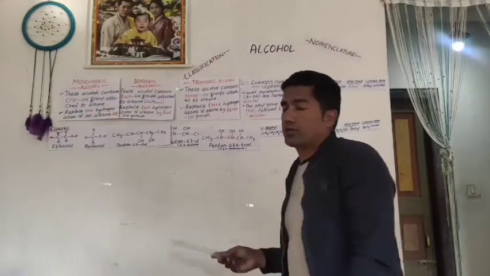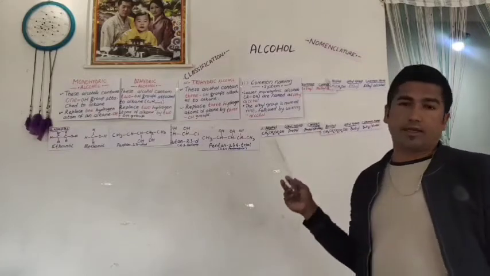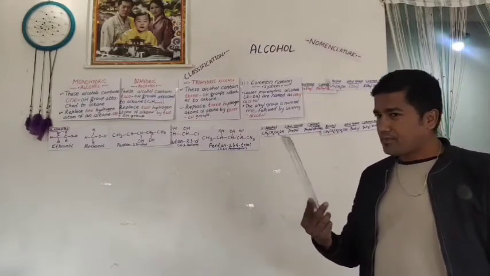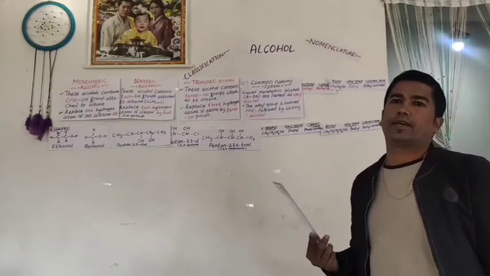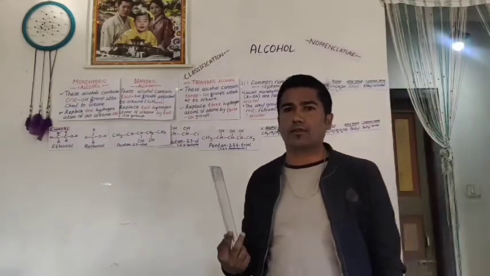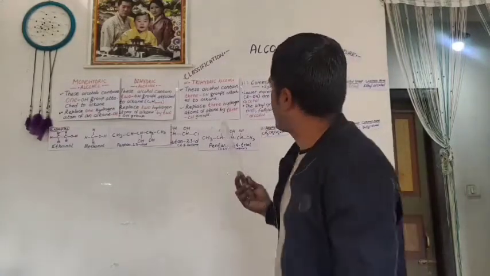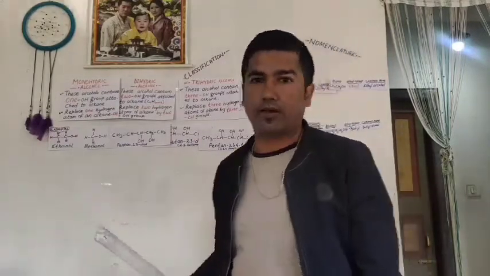What we have to remember in the common naming system is that there will be an alkyl group, then we simply write alcohol. First we identify the alkyl group, it can be ethyl, methyl, propyl, butyl, and based on that we follow with alcohol.